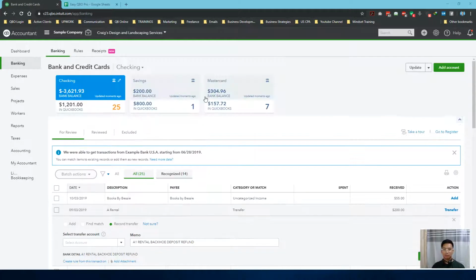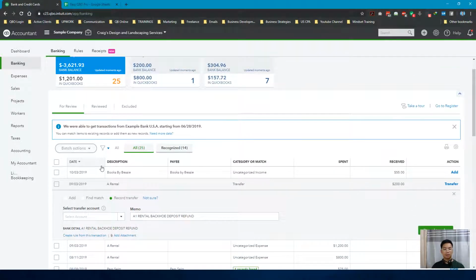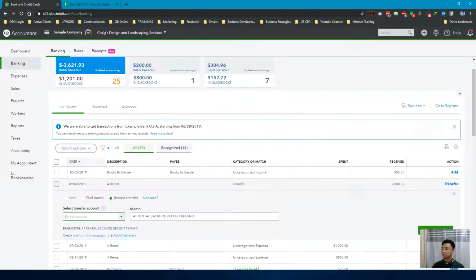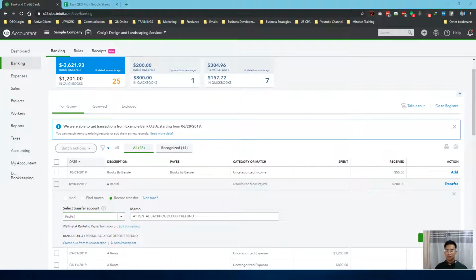So to further demonstrate, imagine you have a PayPal account here after MasterCard, and then we record the transfer right here on the checking account and you select PayPal as the account. Okay, the sample company doesn't have PayPal right now. So we can add that and save and close and record the transfer.